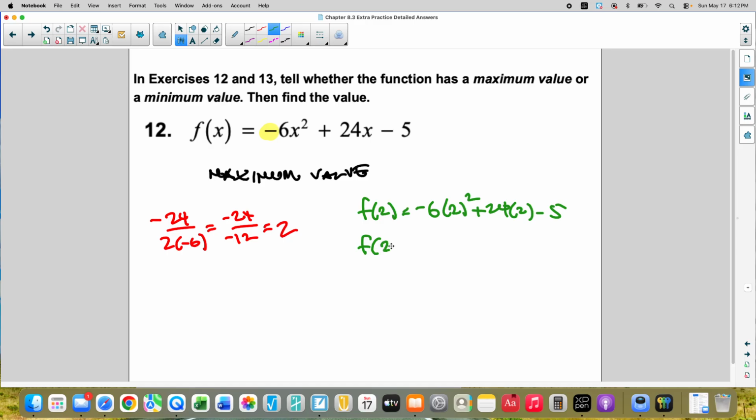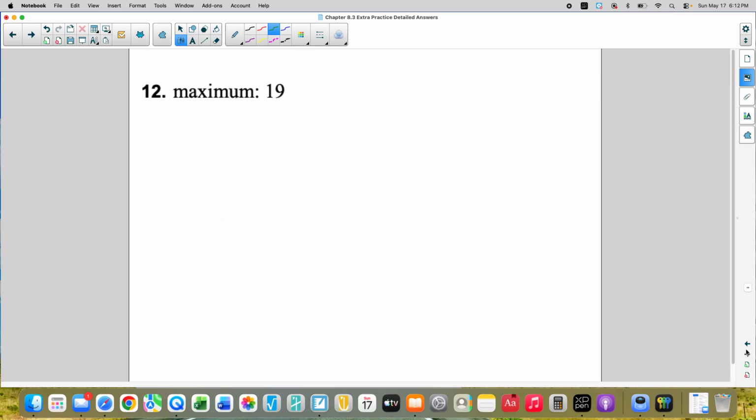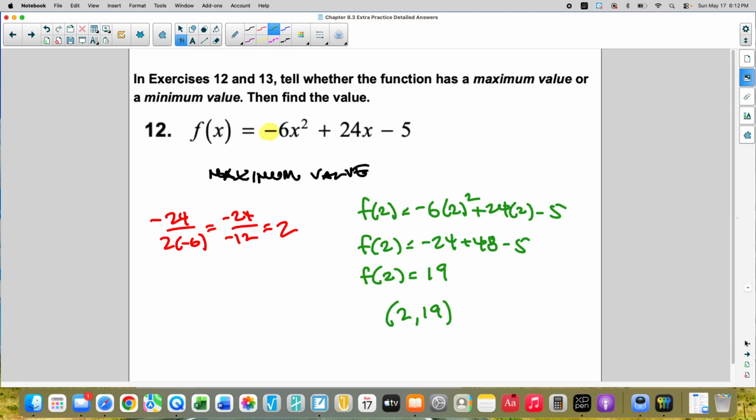F of 2 equals negative 24 plus 48 minus 5. F of 2 is going to be 24 minus 5, which is 19. So the point is 2, 19. Maximum of 19. Yeah, so that's the vertex. So the maximum value is going to equal 19.